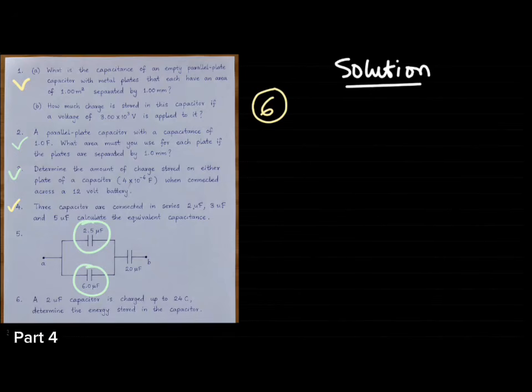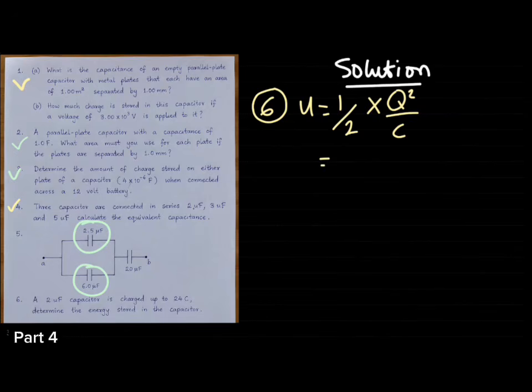Recall that energy stored in a capacitor has 3 equations or formulas. In case you have not watched my previous video, you need to go back and watch it. Now, we are going to be using this equation to solve that problem. U is equal to 1 all over 2 times Q squared all over C.